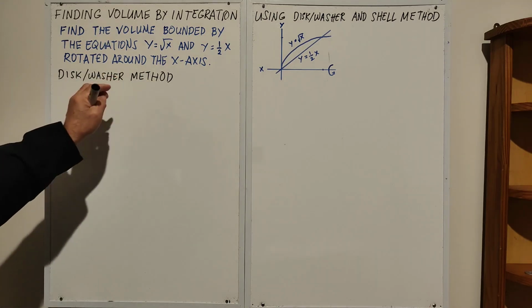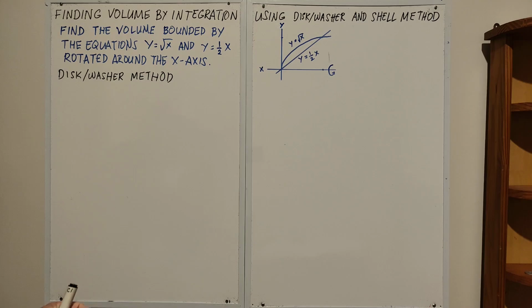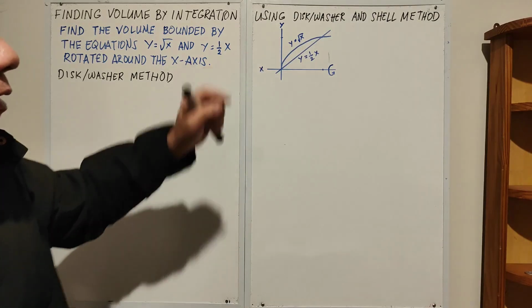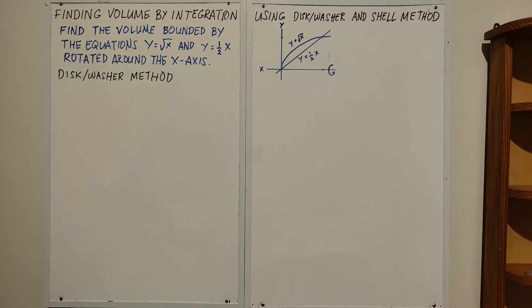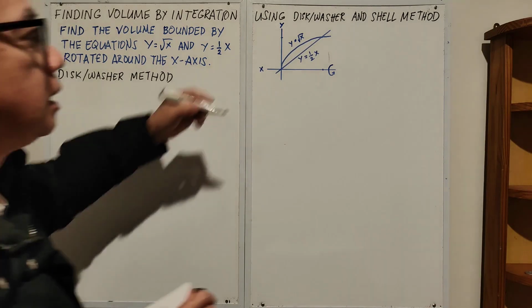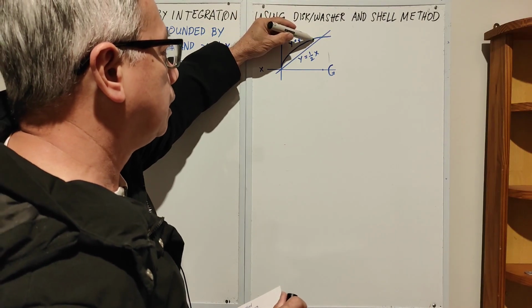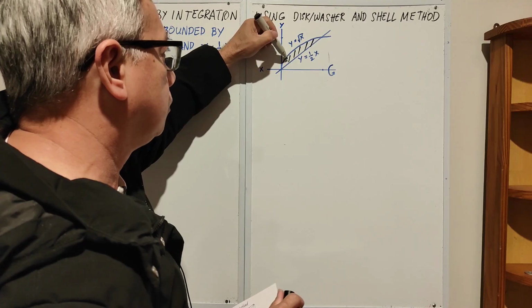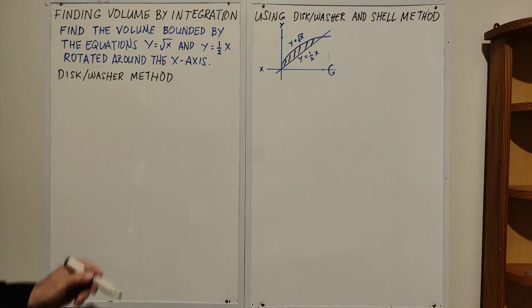The difference between the washer method and the shell method is in the way that you slice the area and in finding the volume. So this is the area bounded by the two equations.